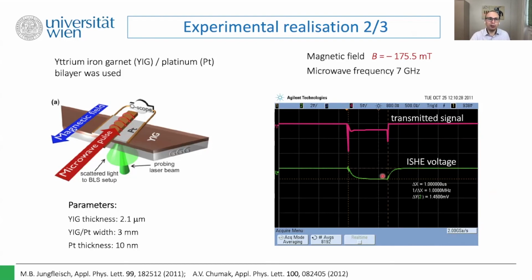So if I switch the field direction, the electrons will start to accumulate on the other side. And in experiments, it's very easy to do. You just switch the magnetization polarity, and you see that the voltage changed polarity also. The same, just another polarity. The transmitted signal, of course, didn't change because you still spend the same energy to excite the magnetization precession.